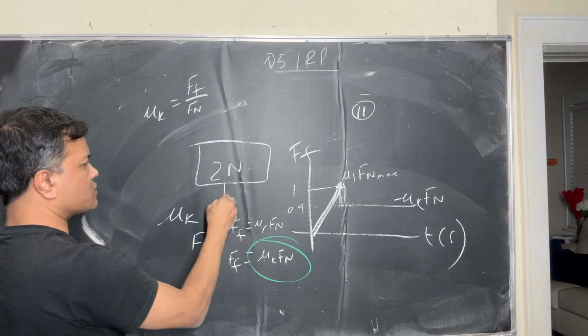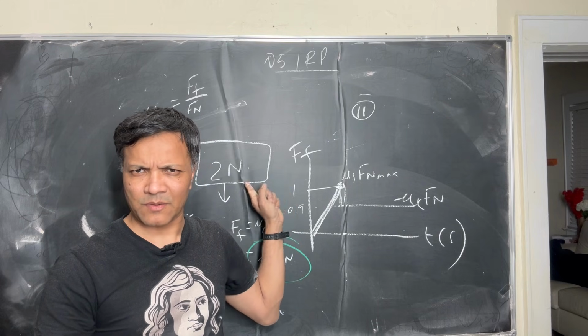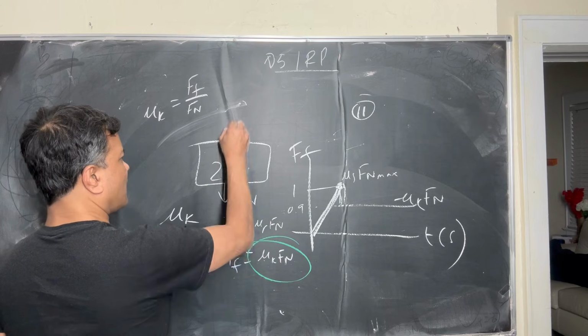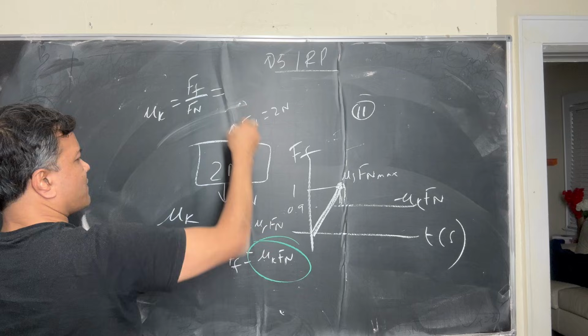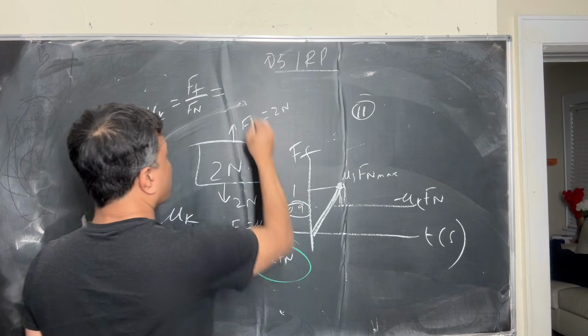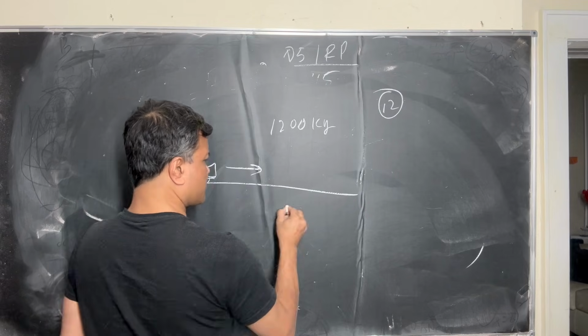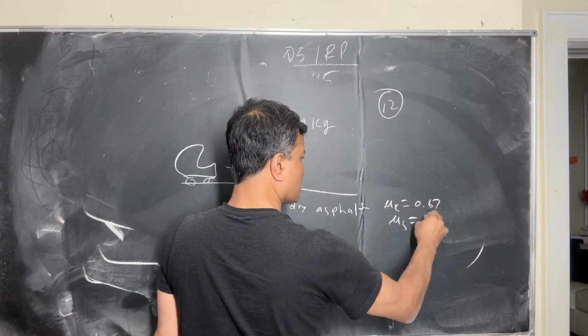Now this is 0.2 kilogram, by the way. 0.2 kilogram times 10 is 2 Newton. So Fg is 2 Newton. Fn is 2 Newton. So Ff is 0.9 and Fn is 2.